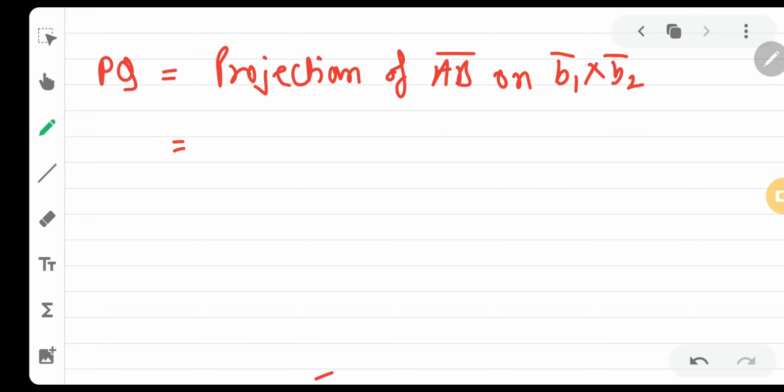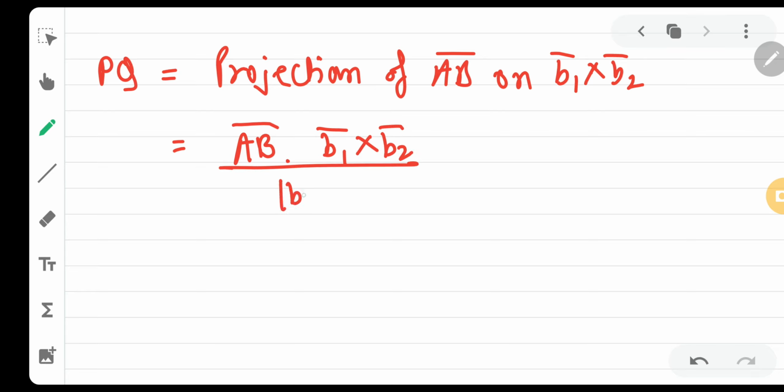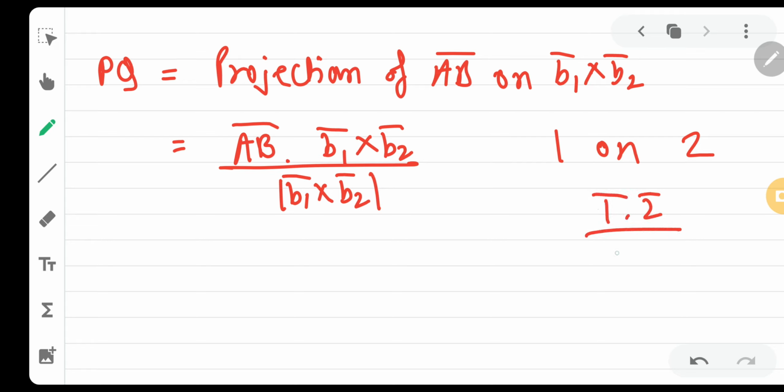What is the formula for projection? The first vector whose projection you want, dot B1 bar cross B2 bar, upon the magnitude of the second vector. So when you find the projection of 1 on 2, you do 1 bar dot 2 bar upon magnitude of 2 bar, which we have studied in detail.